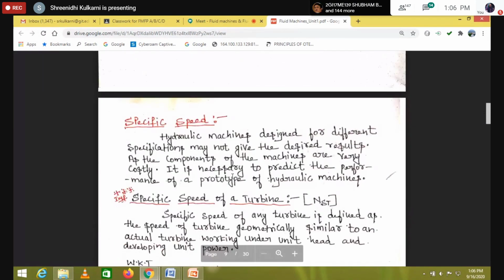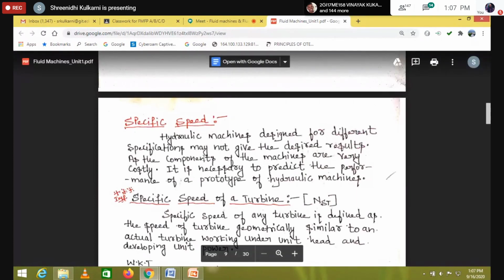The specific speed can be expressed in terms of discharge for power absorbing machines, such as centrifugal pumps, blowers and air compressors, and in terms of power for power generating machines.